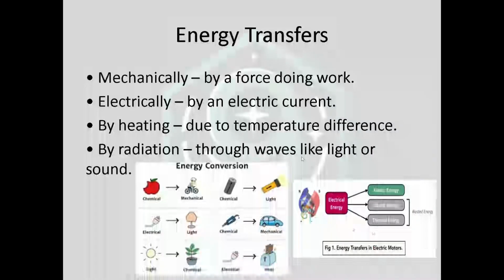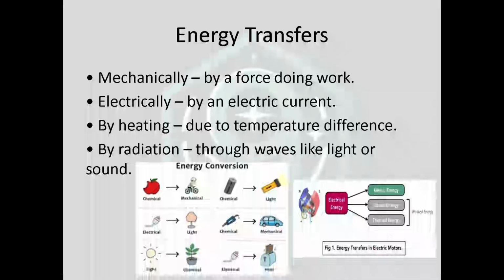And on the right here, we have a generator motor, where electrical energy causes the motor to spin, which is kinetic energy. However, some of this energy is also transferred to sound energy and thermal energy. Sound energy and thermal energy in this instance are not useful to us, and that is why it's known as wasted energy.